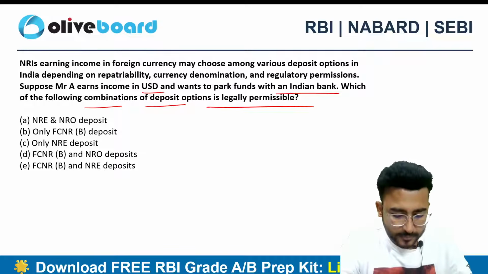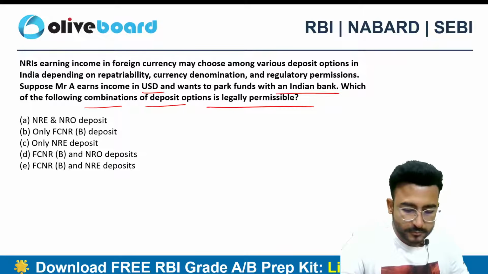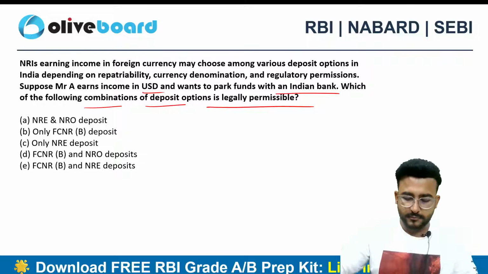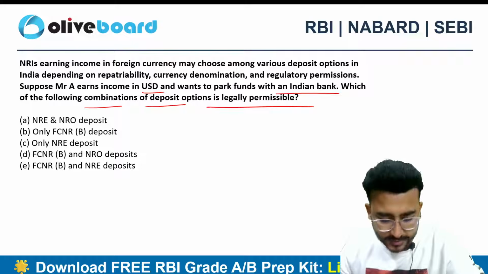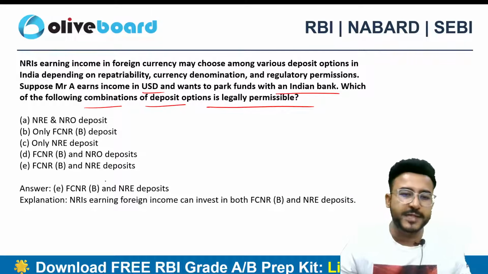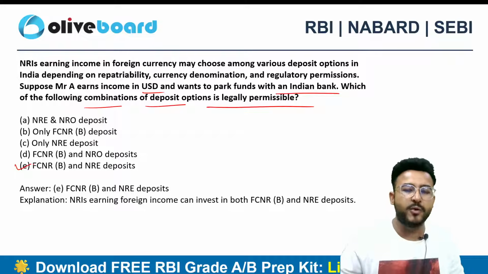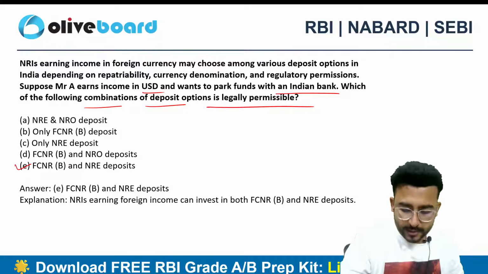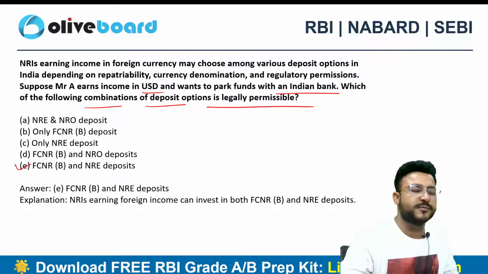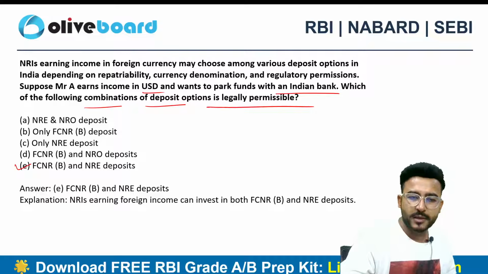What do you think? The correct choice here is FCNRB and NRE deposit, right? You have foreign currency, you are transferring that to an Indian bank. You must have an FCNRB account or an NRE account, right? NRO is for the income which you earned from within India.